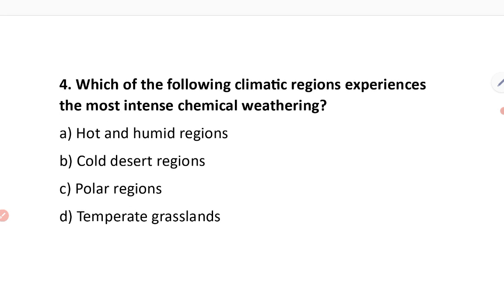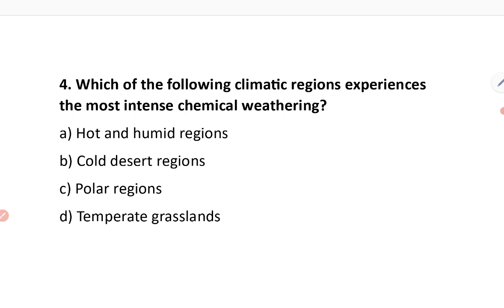Fourth question, first pause the video and try to answer it. Which of the following climatic regions experiences the most intense chemical weathering? It means in which climatic region chemical weathering happens intensely.